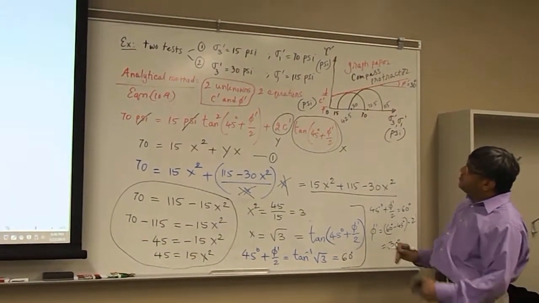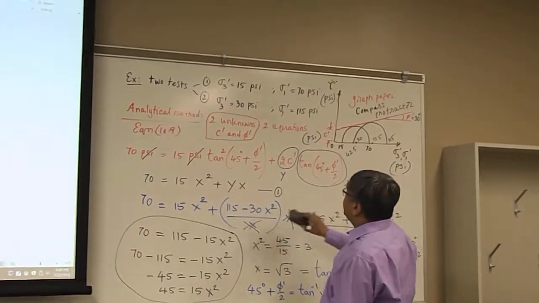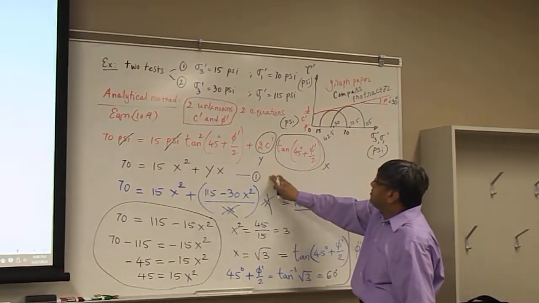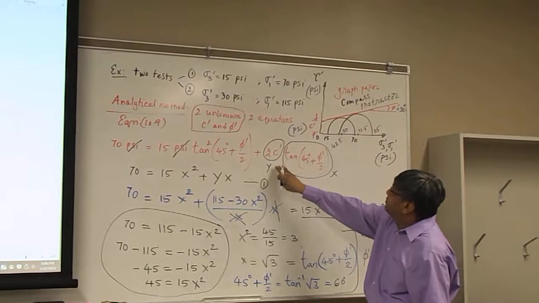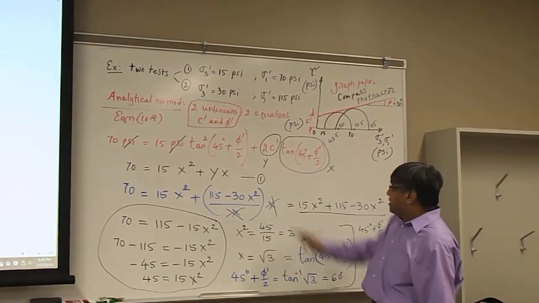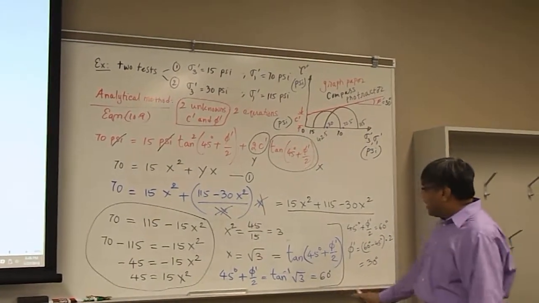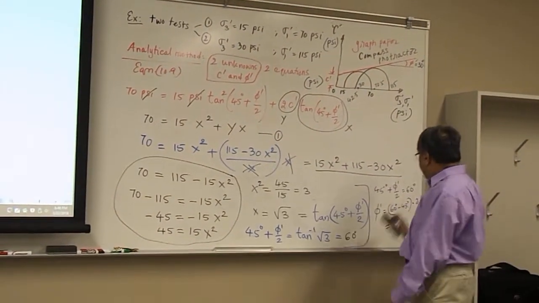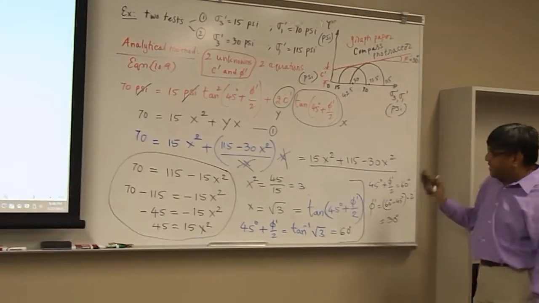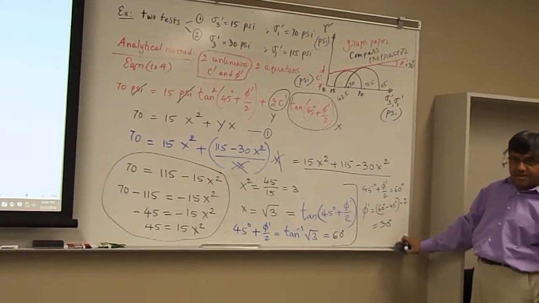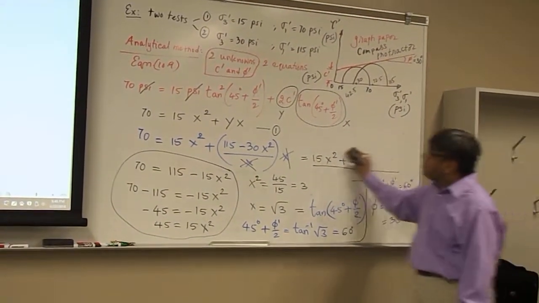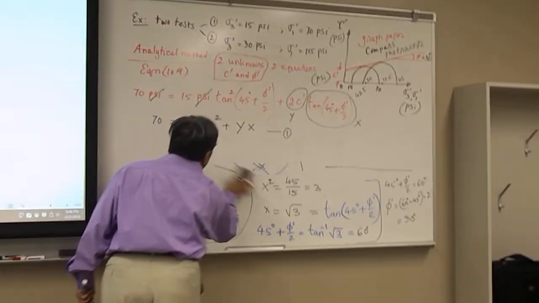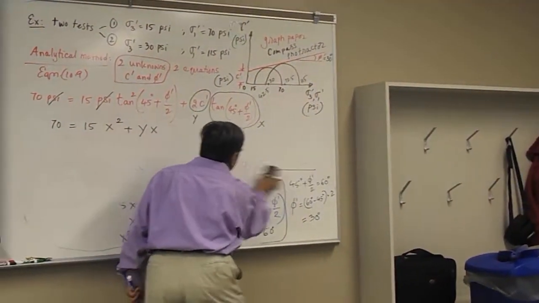Once we have this, we can substitute for what we assumed in this equation to get the y value. The x value is square root of 3. Let us substitute square root of 3 here and see what we will get. You can go back and watch this video, but here let me substitute square root of 3 in this equation for x.